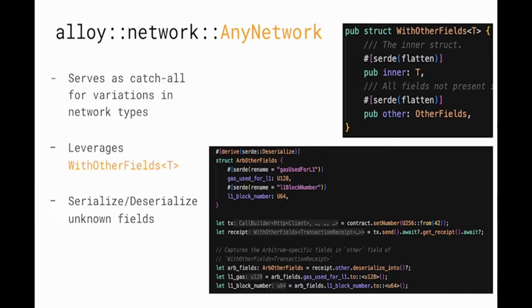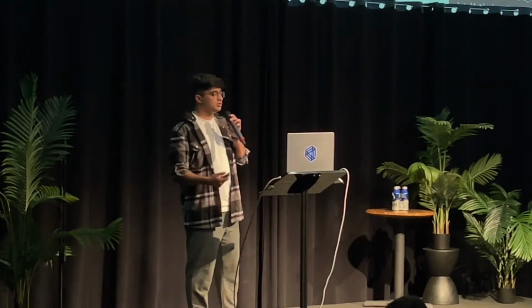How does it do that? It leverages a type called WithOtherFields, which is generic over the transaction type. The inner field is the transaction itself, and any other extra fields in that network's transactions are passed to the other field. And you can easily write a small struct and deserialize or serialize after the network request.